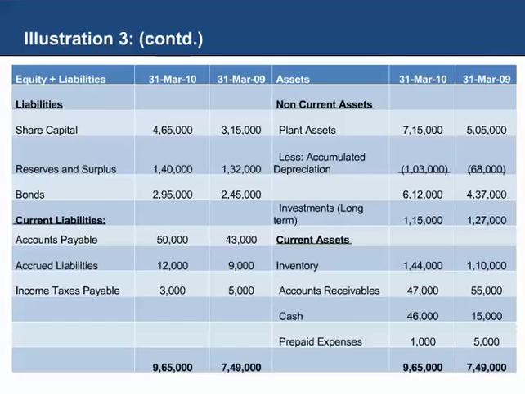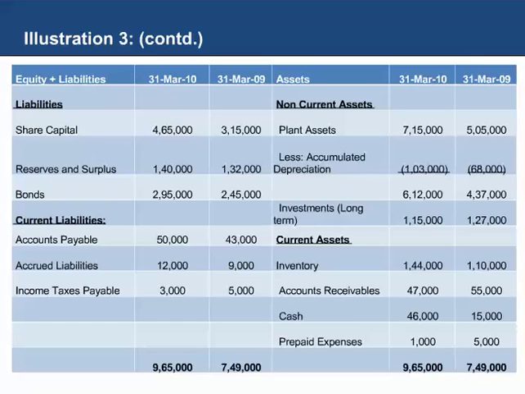We should go and read through the adjustments given at the end of the question to better understand the plant and asset section. Investments long term, the opening was 1,27,000 and closing is 1,15,000. Thus there is a difference, and subject to any other adjustments, we should look at this.